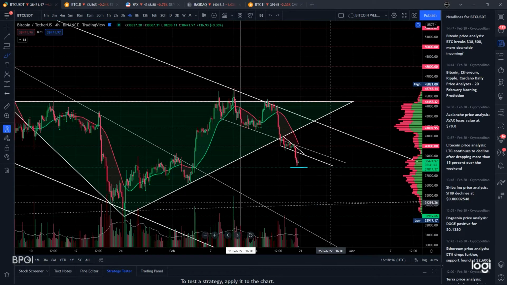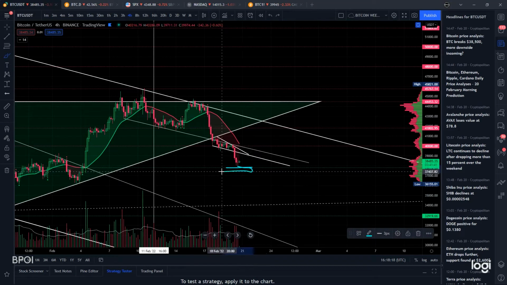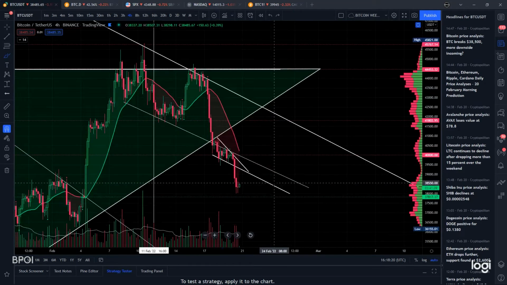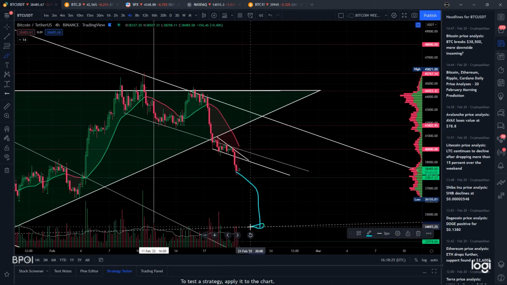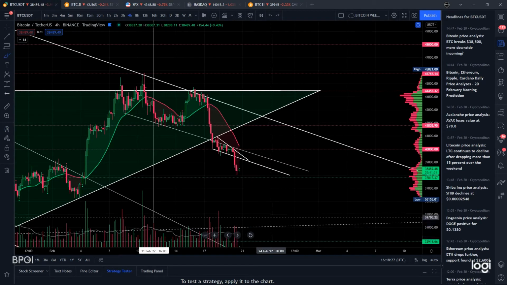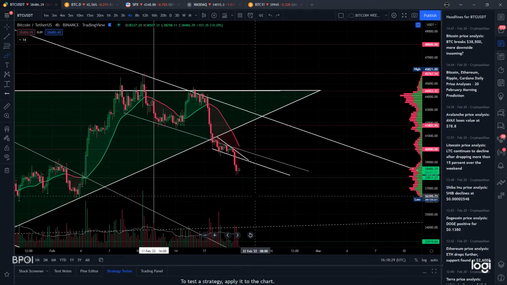Okay, so for this level to hold wouldn't make sense to me. There's an opportunity for the bears to push this price lower, and I'm pretty confident we're going to see this price push lower. That's just my opinion, but it just makes sense for the bears to seize this opportunity and drive the price down as much as they can.